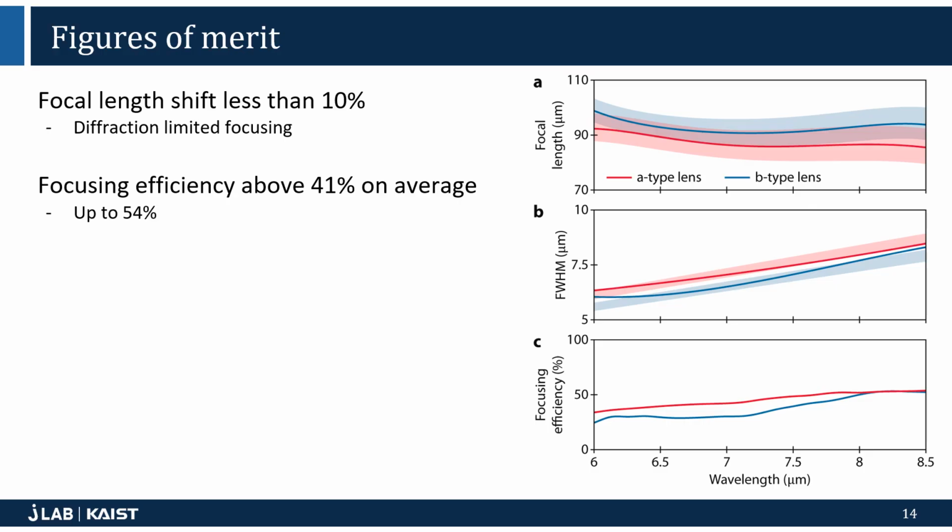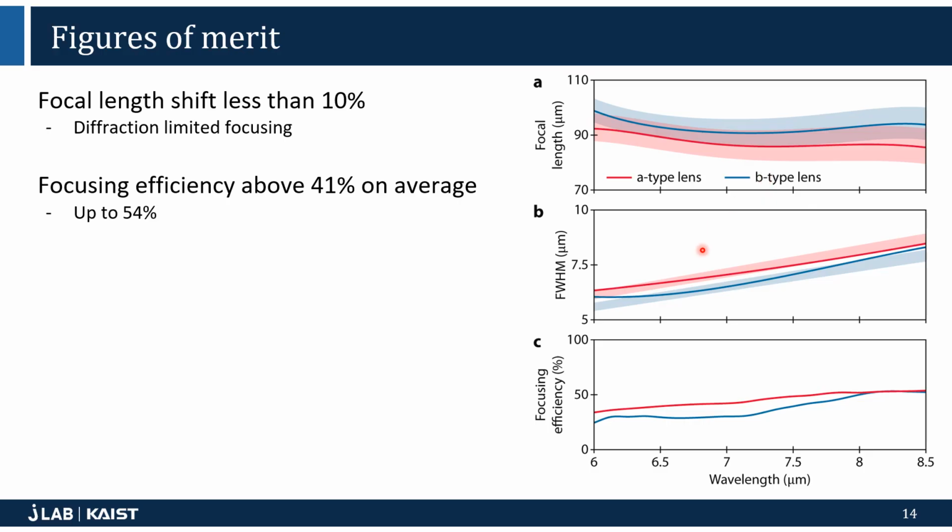To characterize our lenses better, we can look at some figures of merit. First, the focal length shift. It is less than 10%, indicating a good suppression of chromatic aberrations. This is also highlighted by looking at the shaded area, which is the range of the depth of field.